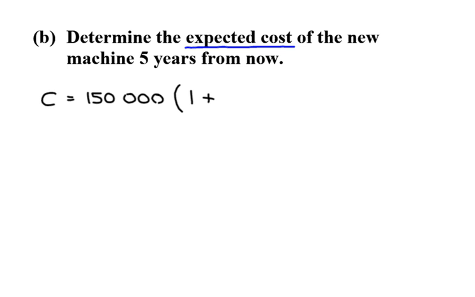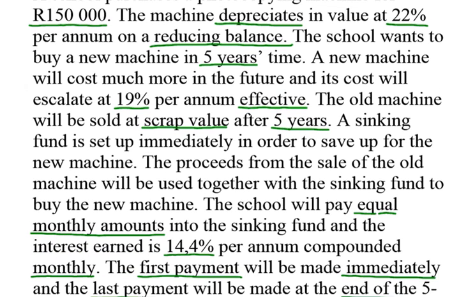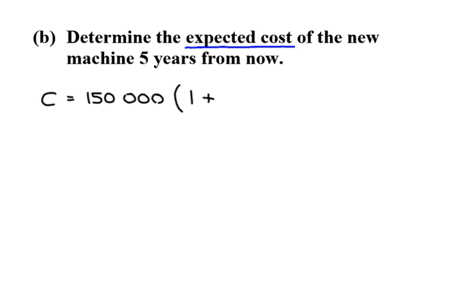And let's just have a look back at our question, because there's lots of interest rates, don't get confused. It says here, a new machine will cost much more in the future. Its cost will escalate at 19% per annum effective. That's compounded yearly. Okay, so that's what we're going to do here. 19% for 5 years.